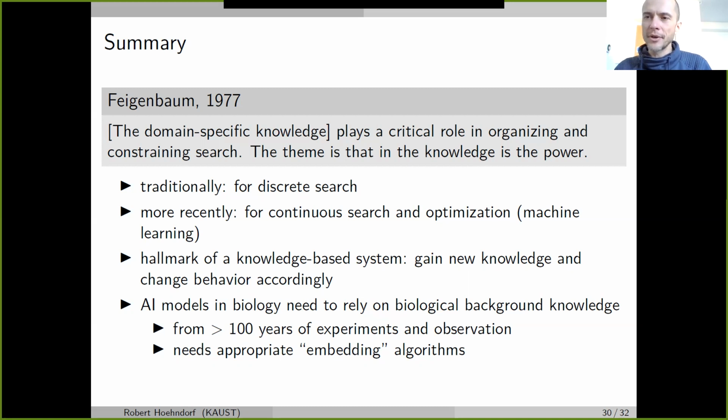We are no longer that interested in search on discrete structures, but now we are searching in continuous optimization, which is also a kind of search for a minimum. And we need to find good ways to embed and encode the domain-specific knowledge in these optimization algorithms if we want machine learning methods that are fair and that generalize to relatively complex problems.